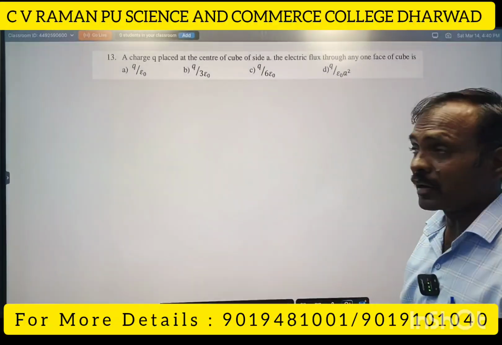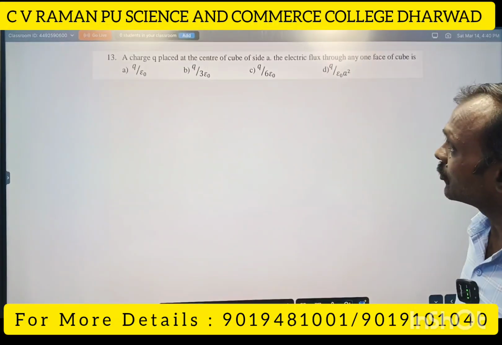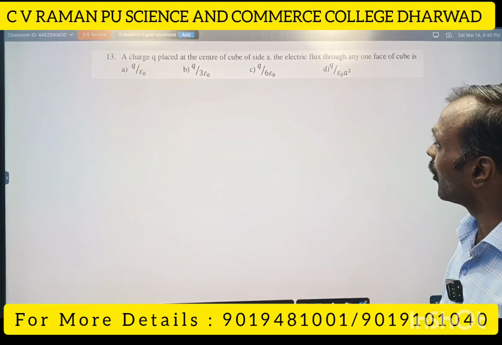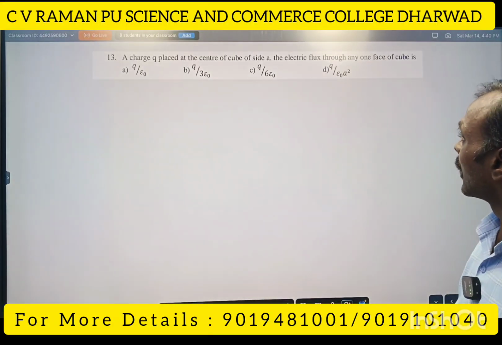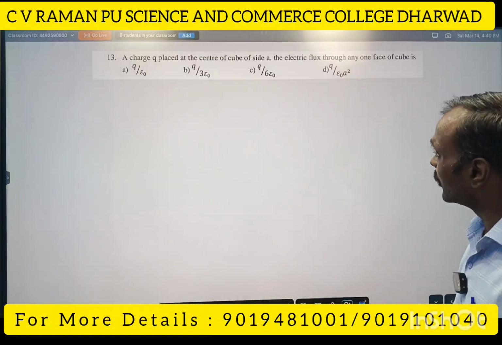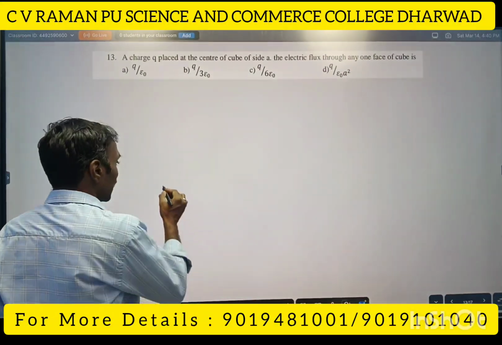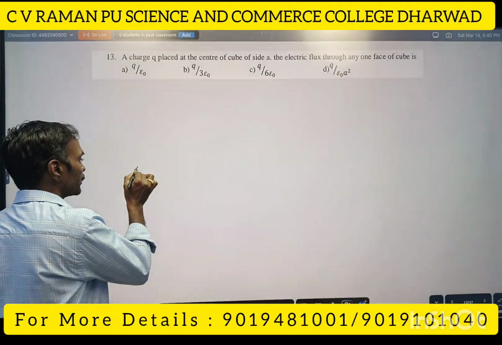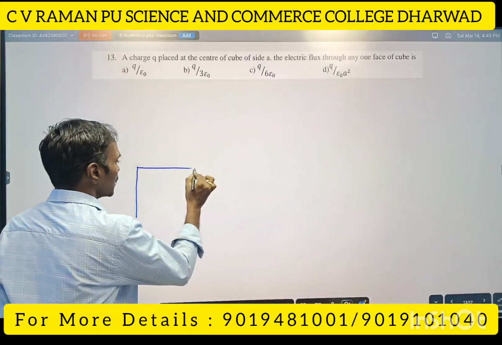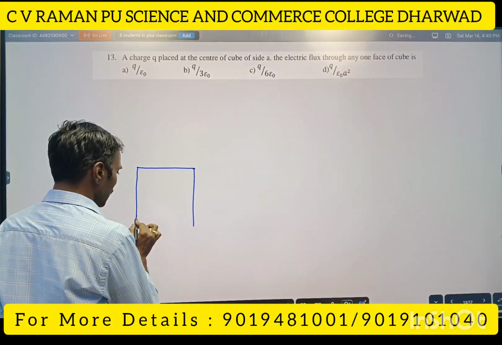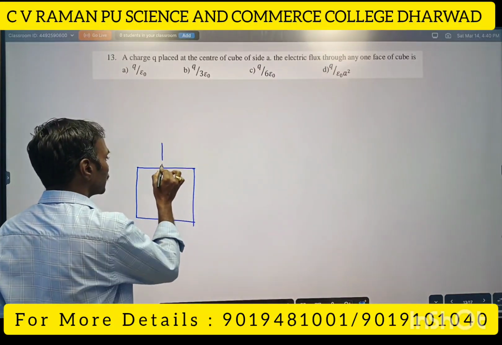Now the question number 13. Charge Q is placed at the center of a cube of side A. The electric flux through any one face of the cube. So here we are considering a cube. This is a cube.